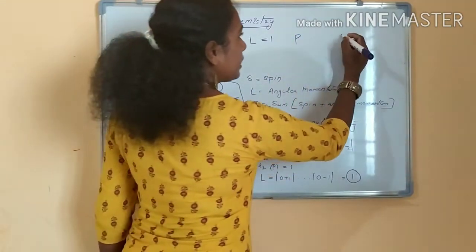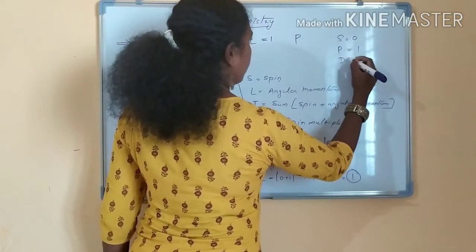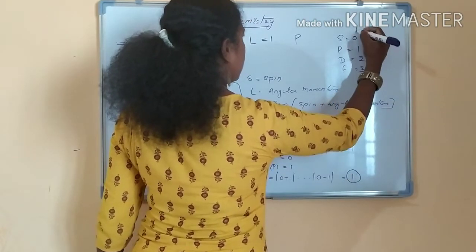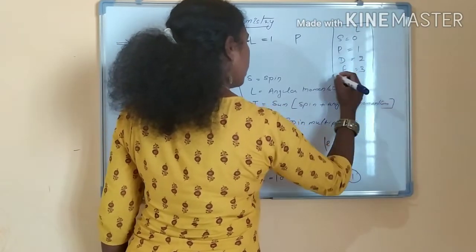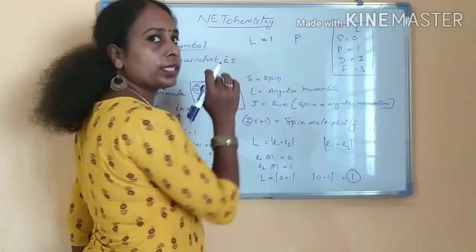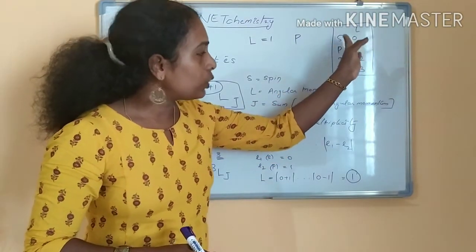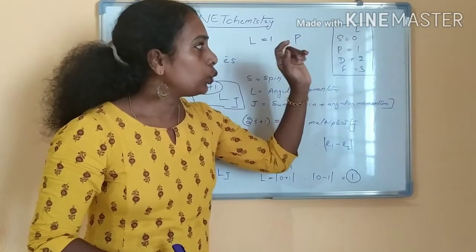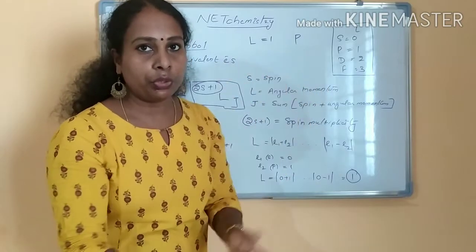It is like this: S equal to 0, P is 1, D is 2. These are the L values, okay? This is the orbital. If L is equal to 0, it represents S orbital. If L equal to 1, it represents P, and if L equal to 2, it represents D, and L equal to 3, it is F, and so on, okay?